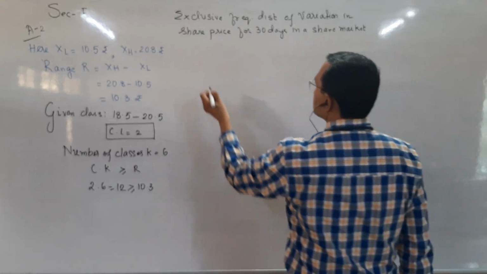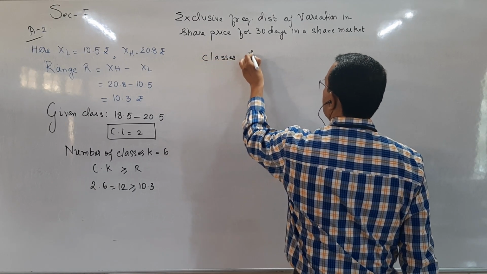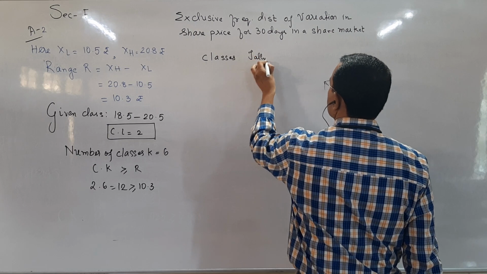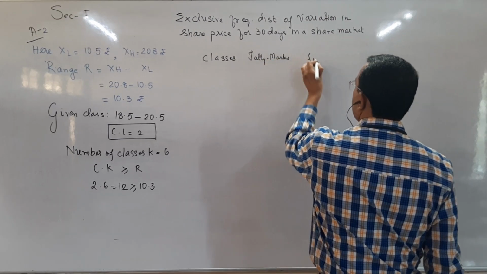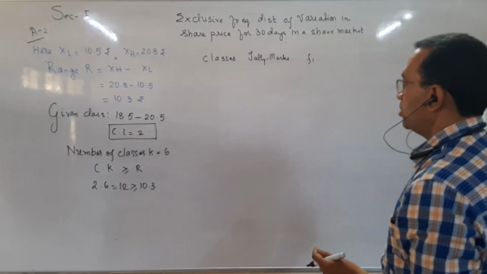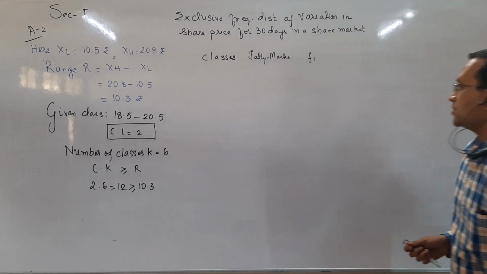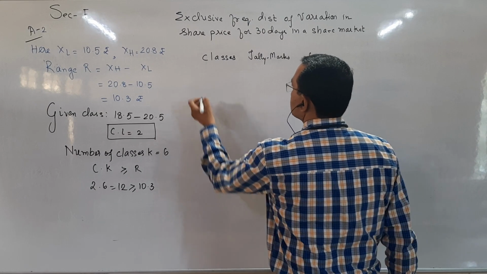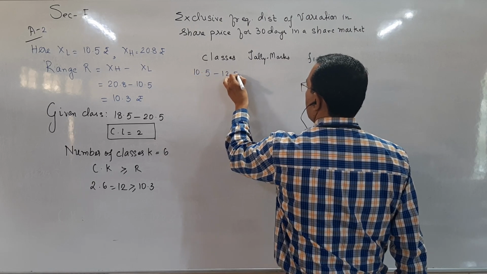So, the first column we made is of classes, then tally marks, and frequency. Now, students, if I start the classes from 10.5, then the first class will be 10.5 to 12.5.